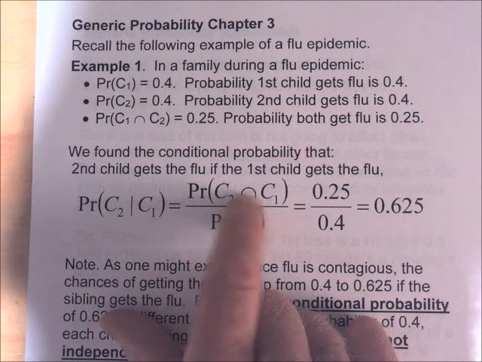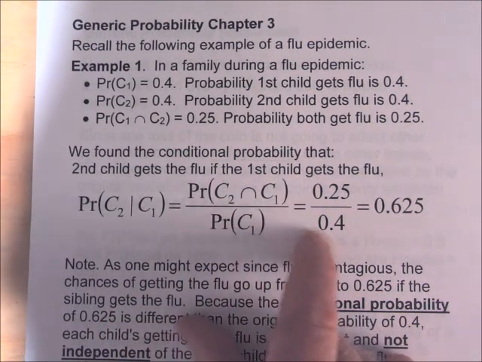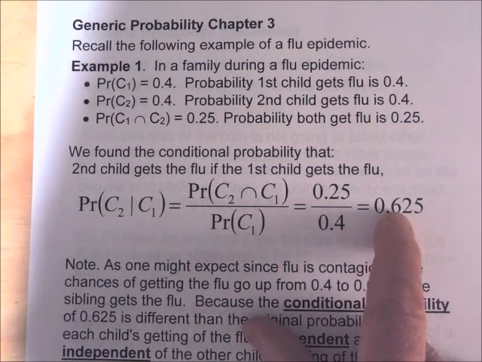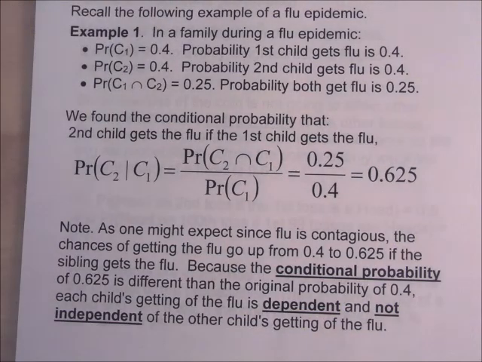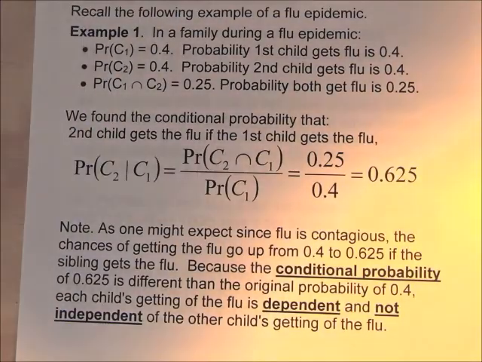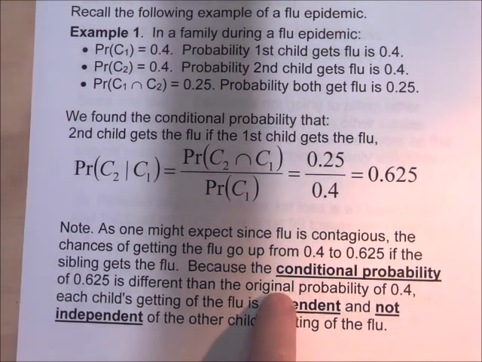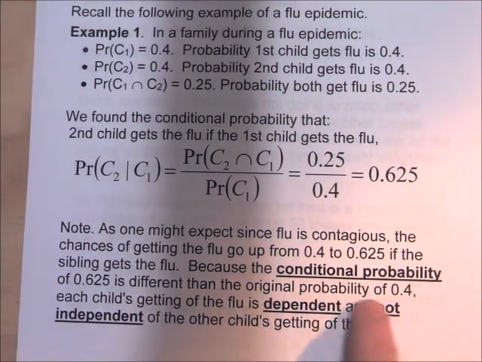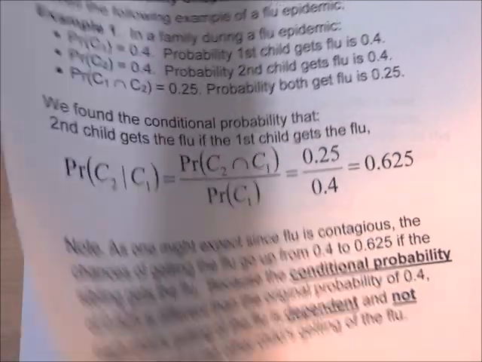It's the probability of both, which is 0.25, divided by the probability of the first child getting the flu, 0.4, which comes out to be 0.625. As one might expect, since flu is contagious, the conditional probability of 0.6 is different from the original probability of 0.4. So we say that each child getting the flu is dependent and not independent of the other child getting the flu.